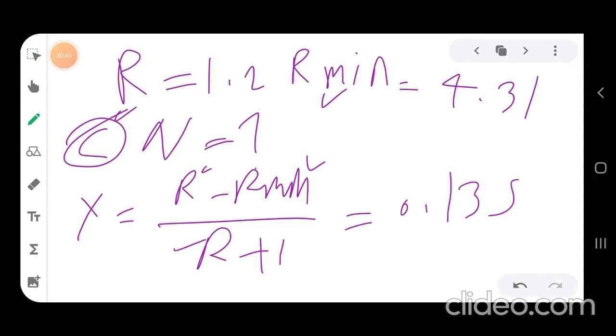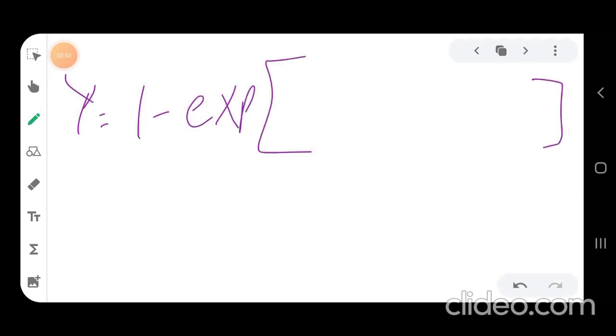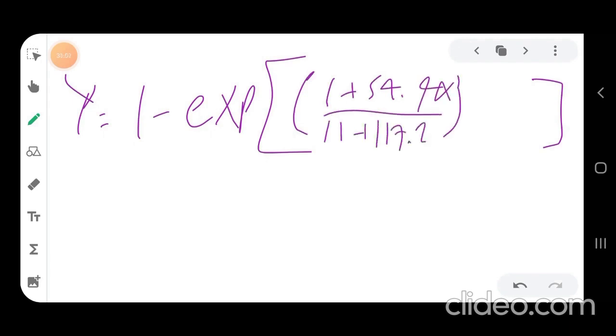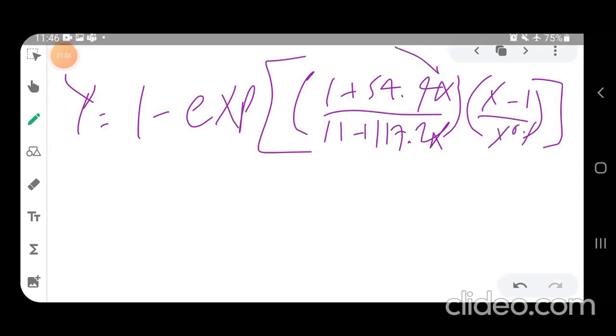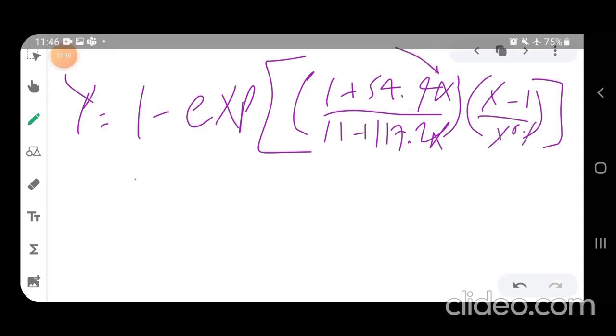Then you can use this correlation to find y, which is 1 minus exponential of this big term, (1 plus 54.4x) over (11 plus 117.2x) multiplied by (x minus 1) over x to the power 0.5. Plug in the value of x, and you will get y equal to 0.52.